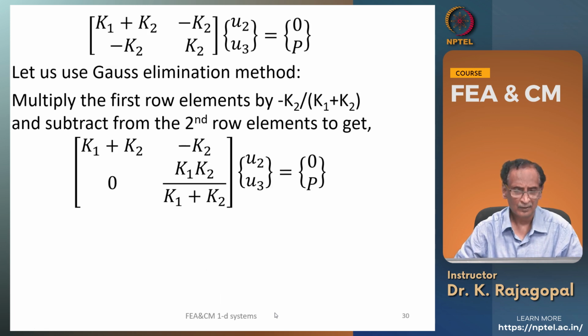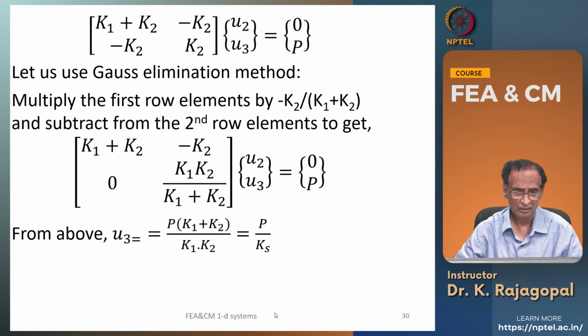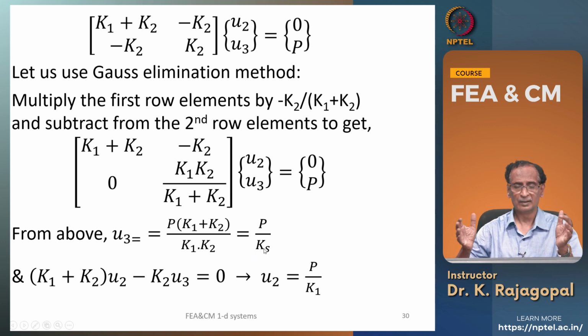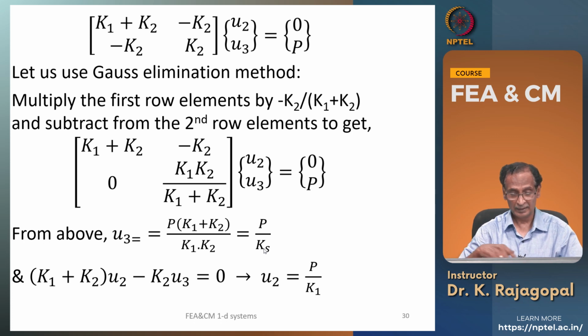So we can solve it either by the Gauss elimination method or by the matrix inversion method, and we see that our U3 is P by Ks, and P times (K1 plus K2) by K1 K2, and actually we have seen that this is equal to the spring constant Ks when we have two springs in series, sorry.